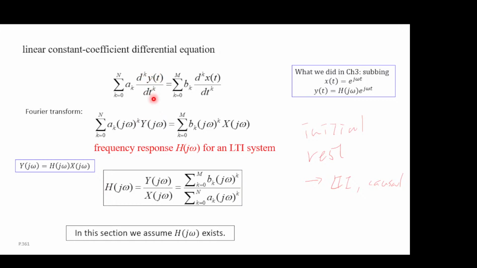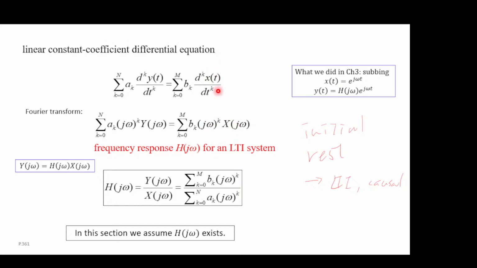For dy dt, y becomes big Y, and as we know from the differentiation property, every time you differentiate, you multiply by j omega. So you just get j omega to the k here. Similarly, you get j omega to the k on the x side, and x becomes big X.